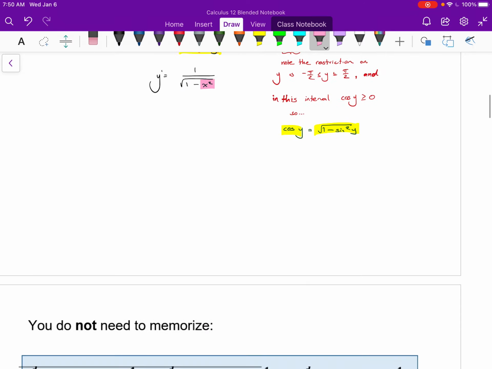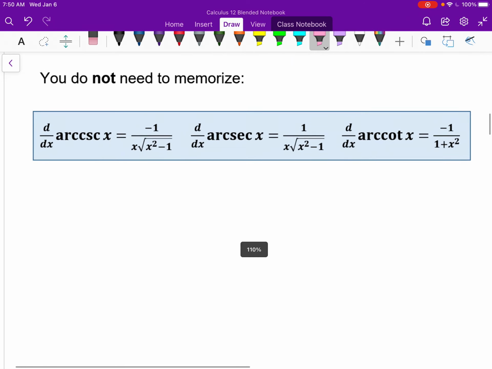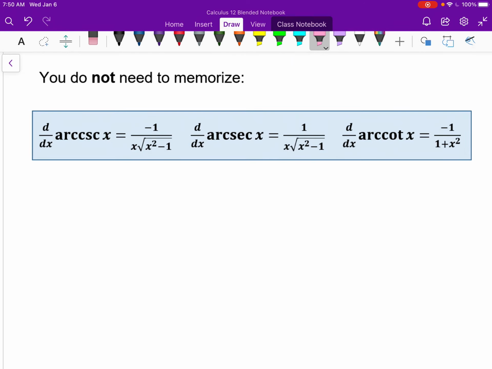One more comment though. These are the derivatives of the inverse reciprocal trigonometric functions. That's a lot of words, right? So the derivative of arc cosecant, which is the derivative of the inverse of the reciprocal of sine, that's a lot of syllables, is what you see here: negative 1 over x root x squared minus 1.